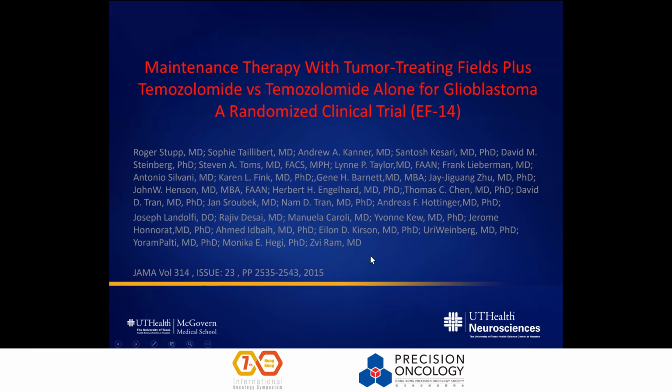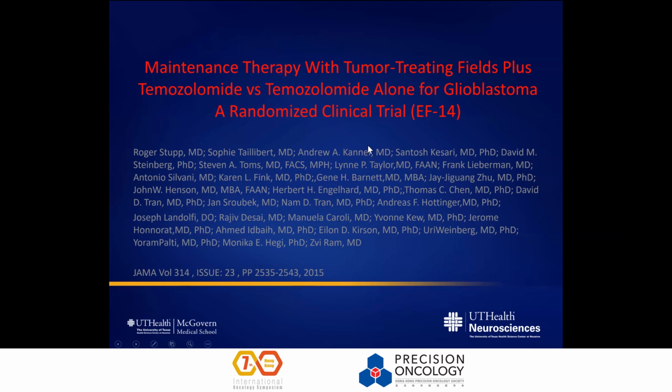Then the next trial, carried out around the same time period, was called EF14. That's maintenance therapy with tumor treating fields plus temozolomide versus temozolomide alone for glioblastoma.